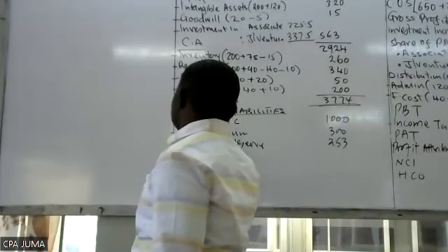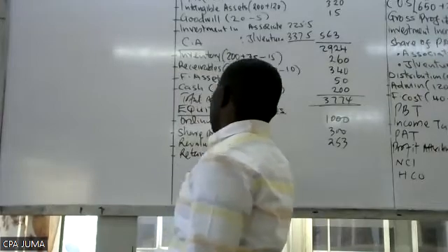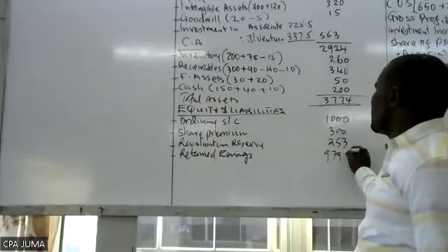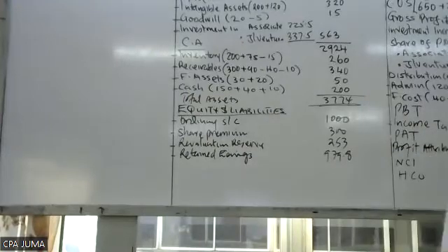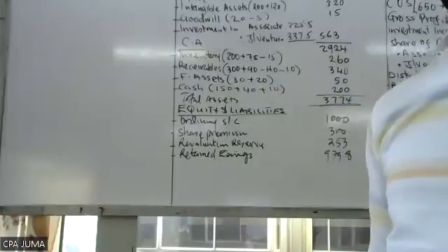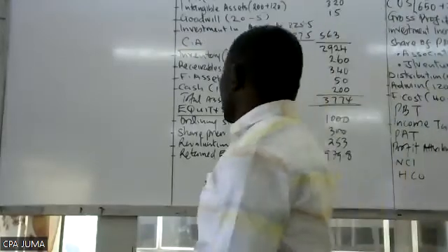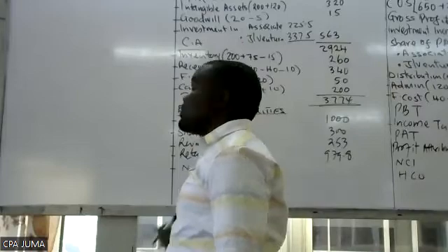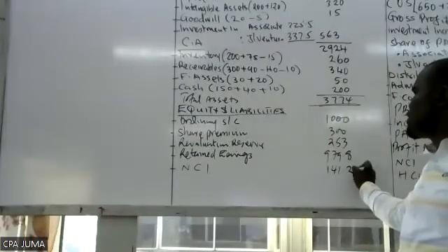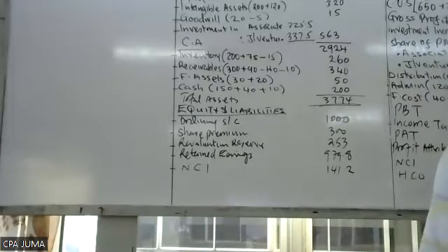Then there is retained earnings. We have also done a working here, and we got 979.8. We must also tell the minority their capital, otherwise they will bring you a lot of issues. We got 141.2.